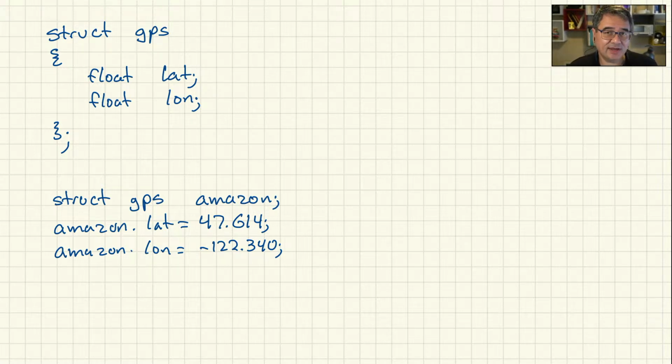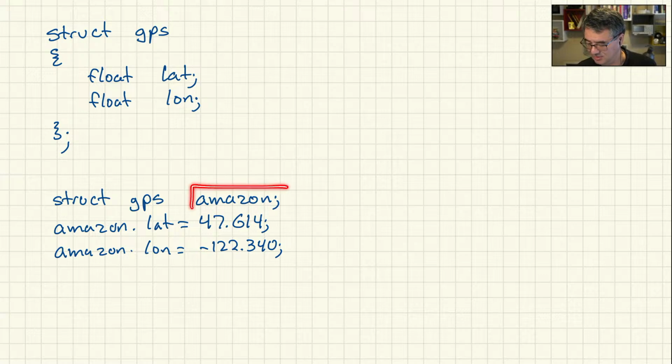And then once you have declared the structure, you can then use it in your program. You declare a structure variable the same way you declare an integer variable or a float variable. You just put the type in front and then the name afterwards, except that now the type is two words. The type is struct and then whatever it is, in this case GPS. So we're going to put struct GPS in front. That's the type.